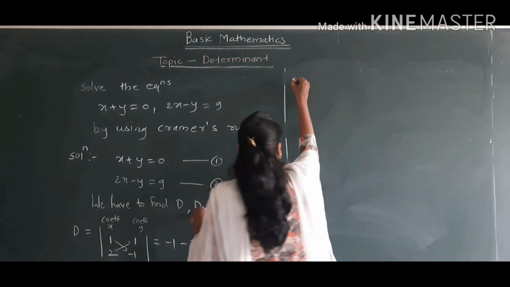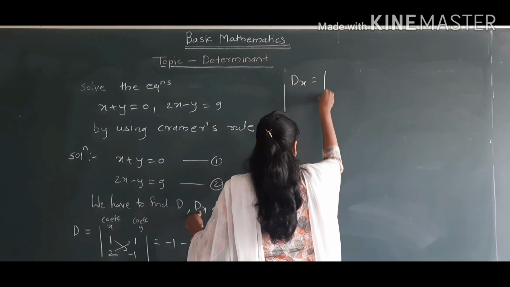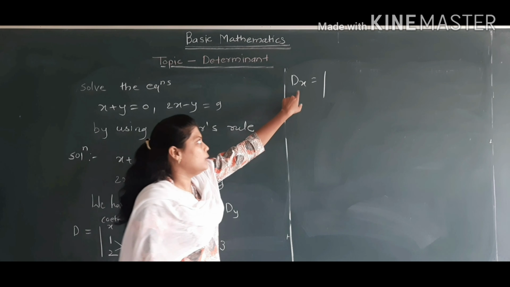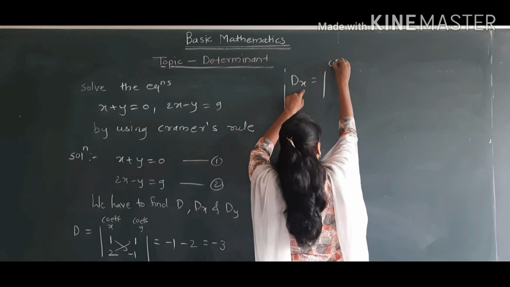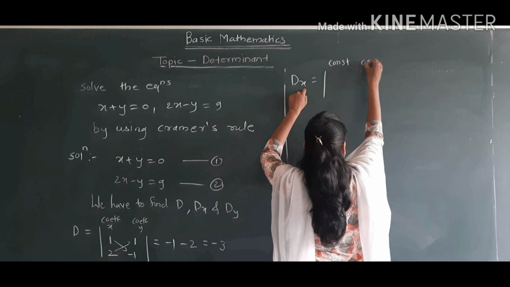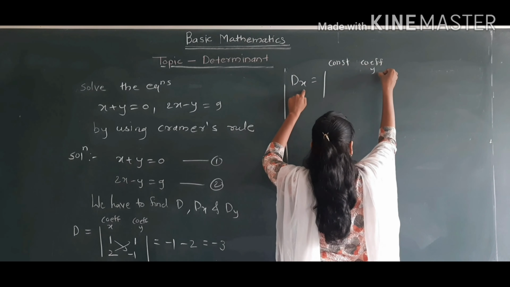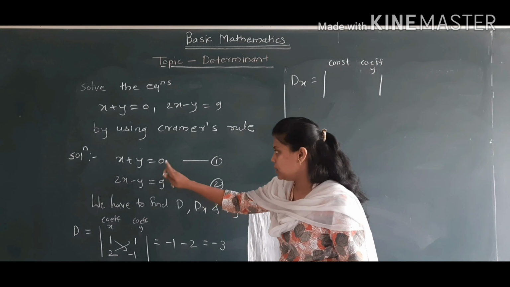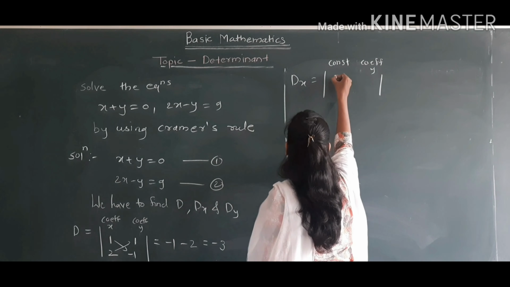Now find Dx. In Dx it has the x variable. Therefore the coefficient of x is replaced by the constant and the coefficient of y is as it is. The constant, the right side of the equation, is 0 and 9.